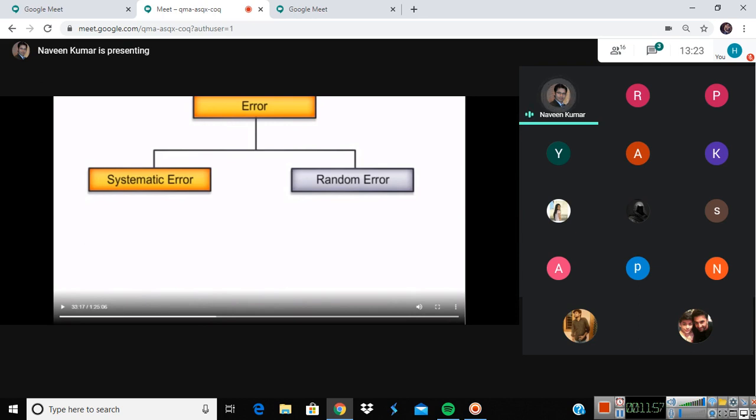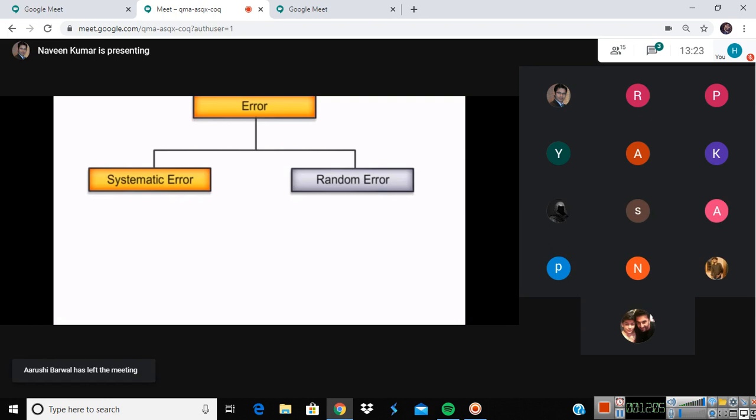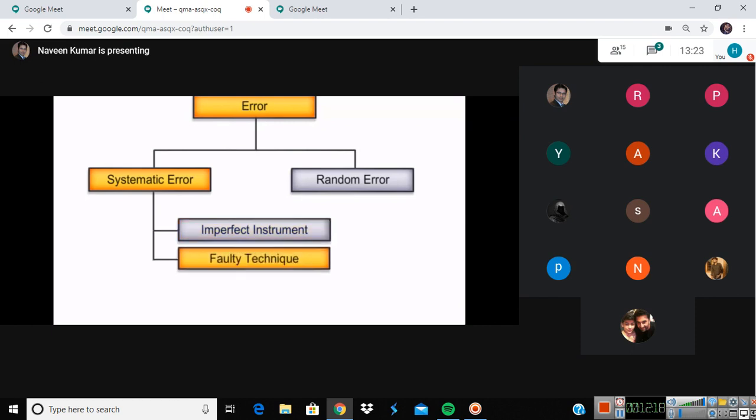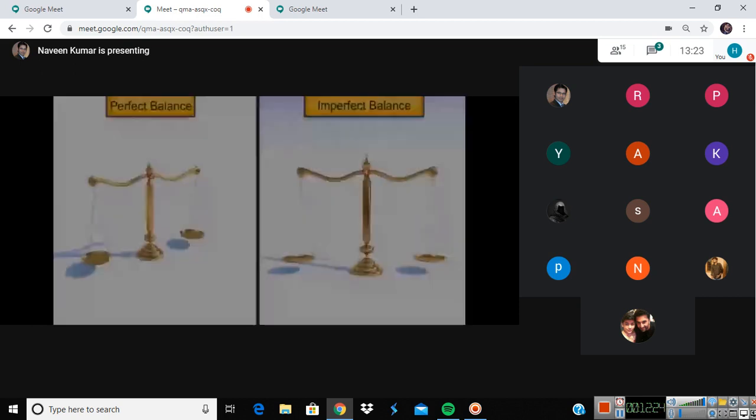Now these systematic errors are further divided into certain parts. They are directional errors, that is, either positive or negative. A systematic error can occur due to an imperfect instrument, a faulty measurement technique, or an incorrect process of measurement. Errors may occur due to the use of an imperfect instrument for measurement.